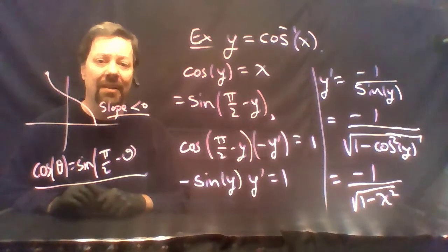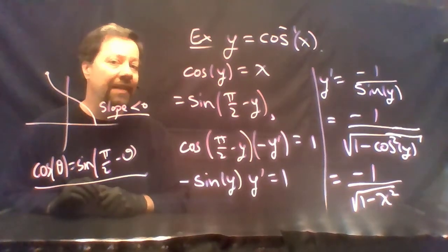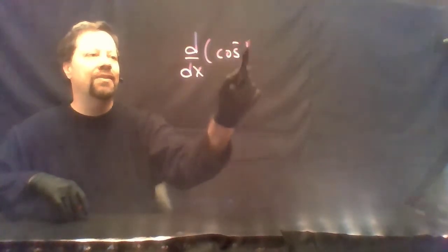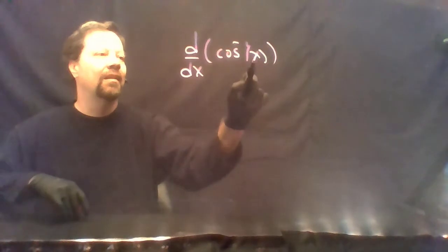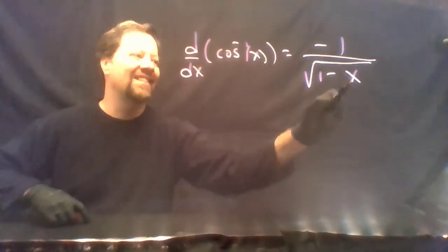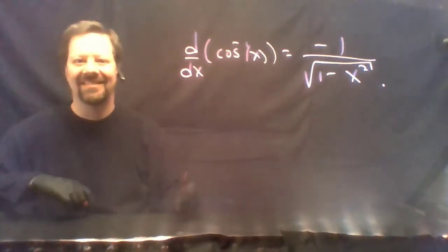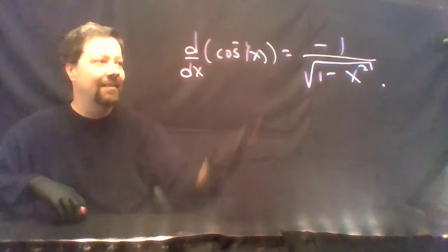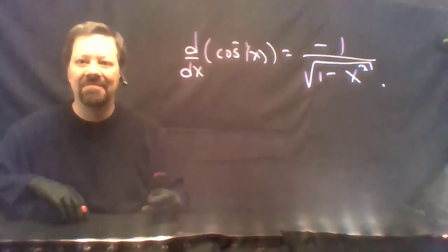This is just the negative of the derivative of inverse sine. We have then that the derivative of arc cosine is minus 1 over the square root of 1 minus x squared. Notice it differs from the derivative of inverse sine just by a minus 1.